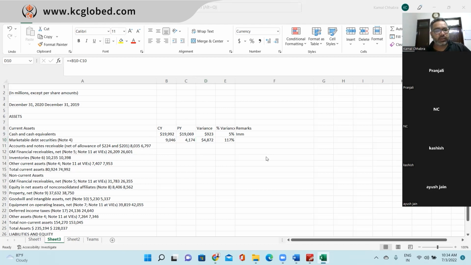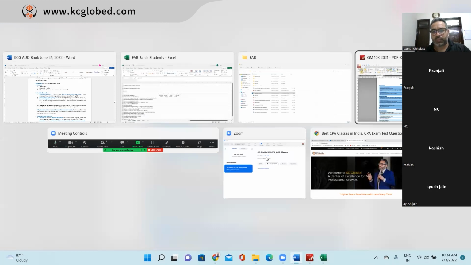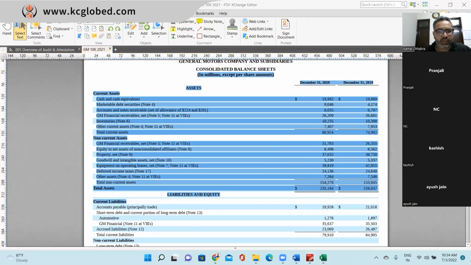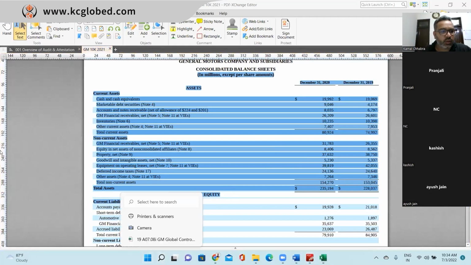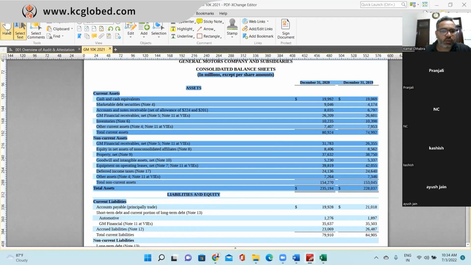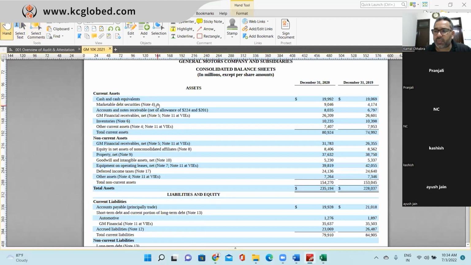If you go to, let's say, note number 4 in this financial statement, right, here they are saying it is note number 4, which is explaining this marketable debt security, right?